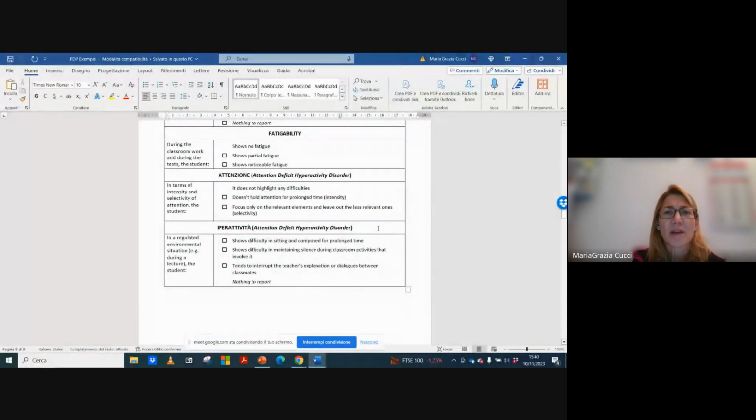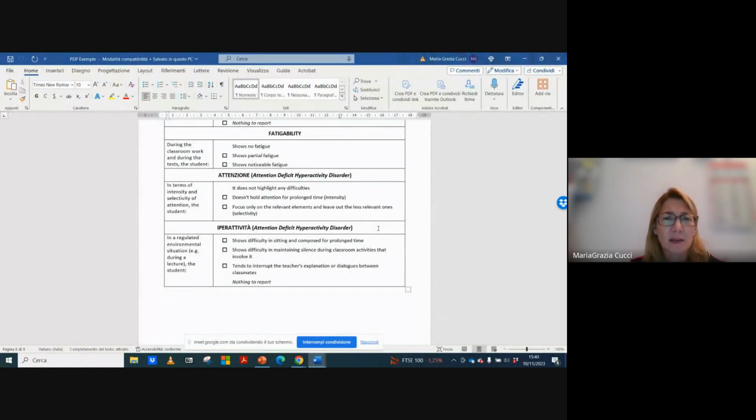Then about hyperactivity, we know that we can have 2 different situations: hyperactivity or deficit of attention.